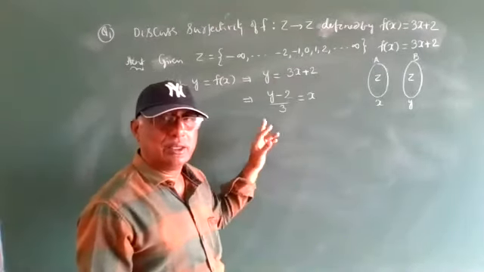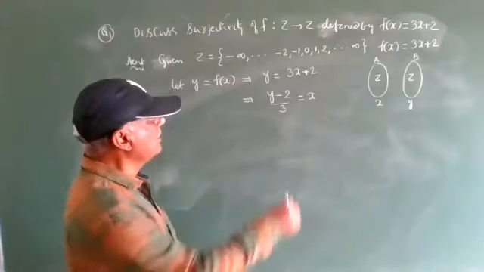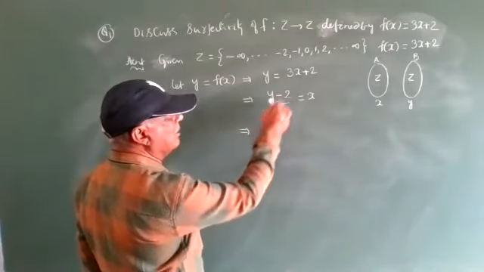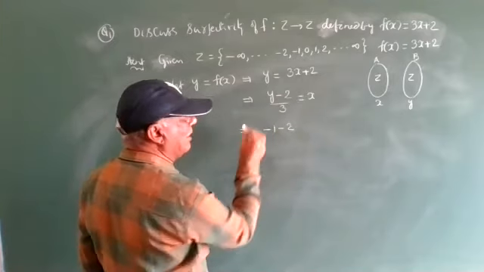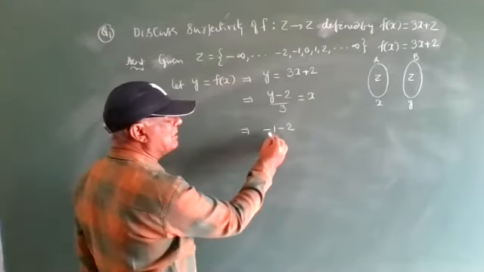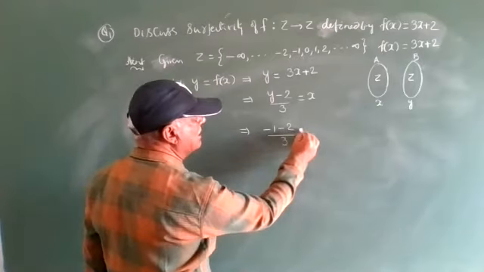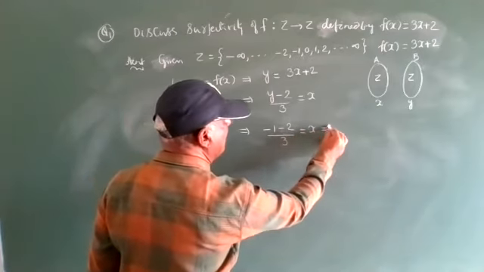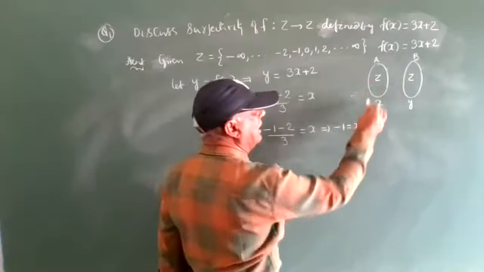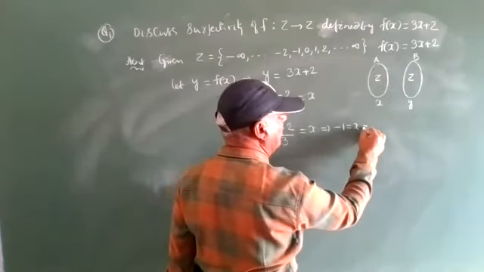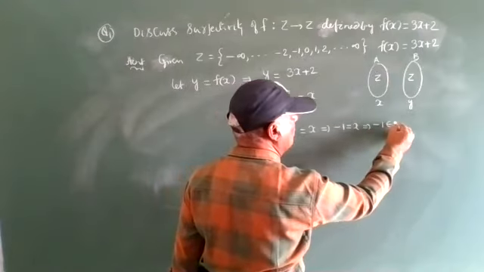Everyone observe. Take a y value from the integers, say minus 1. Minus 1 minus 2 by 3 is x. By division, minus 1 is equal to x. Minus 1 is an integer, therefore minus 1 belongs to x.